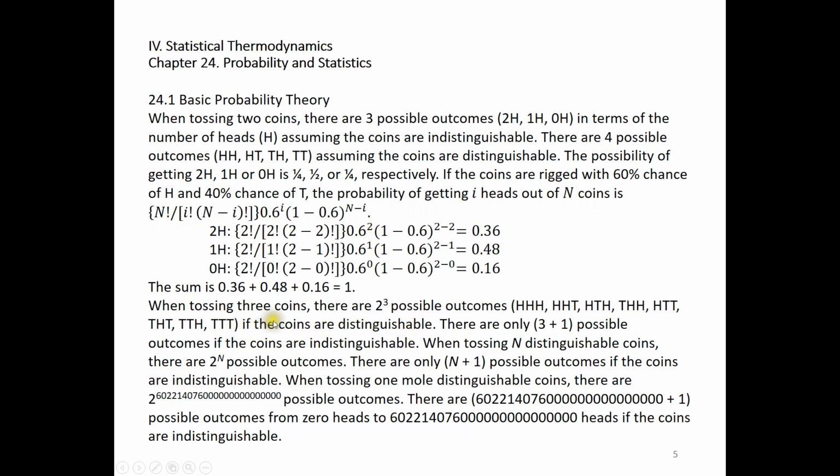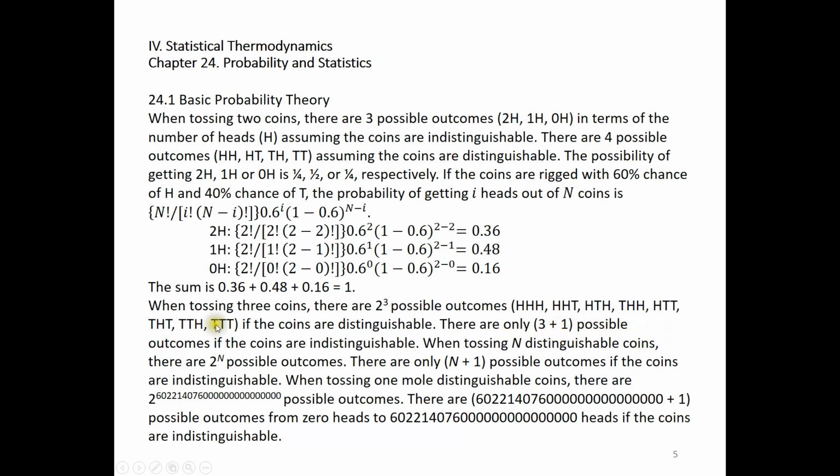When we toss 3 coins, there are 8 possible outcomes. If the coins are distinguishable, if you have real quarters, you know which is which. There are 8 possible outcomes. But if those are quantum coins, like electrons, they are indistinguishable. There are only 4 possible outcomes. 0 heads, 1 head, 2 heads, 3 heads.